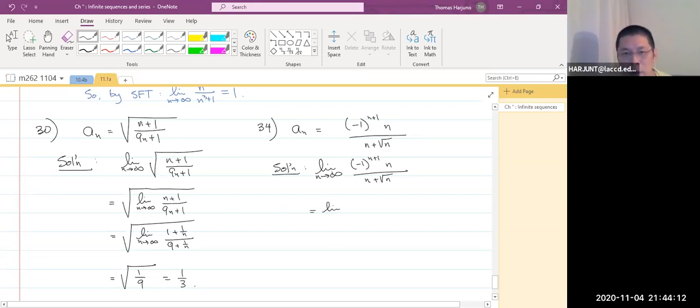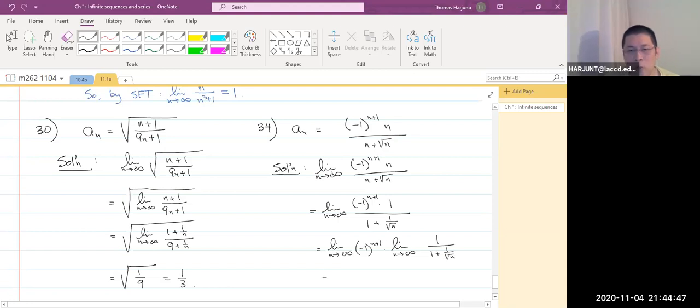Let me divide the top and the bottom by n. So the top will get 1. At the bottom, I get 1 plus 1 over square root of n. So you can say this equals the limit as n goes to infinity of -1 to the n plus 1 times the limit as n goes to infinity of 1 over 1 plus 1 over radical n. Now that one will be 1.